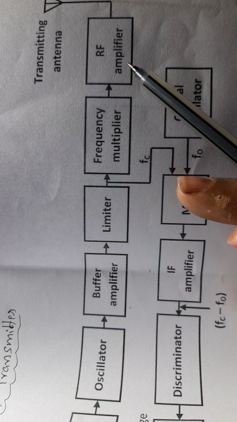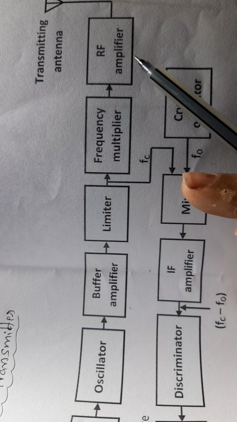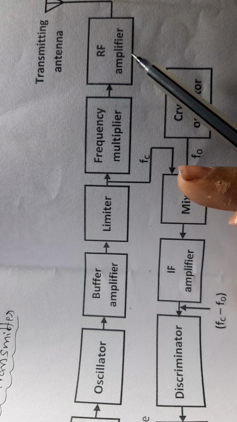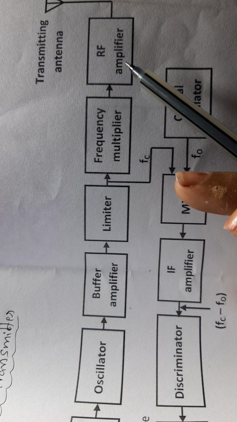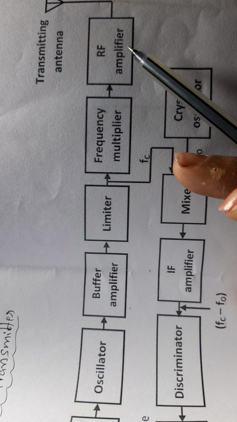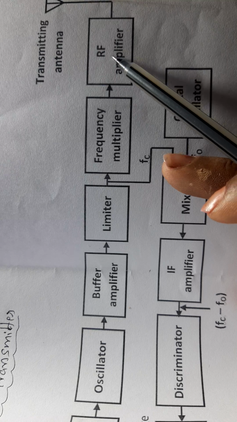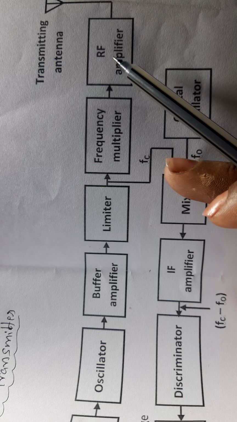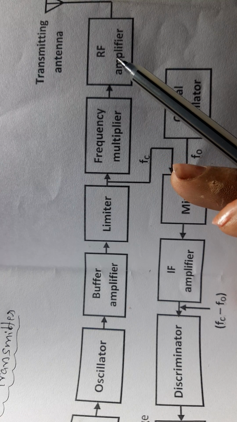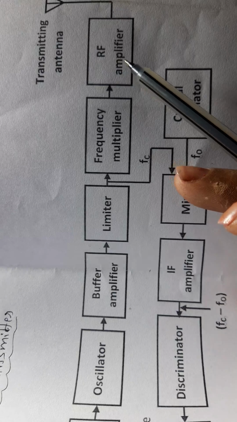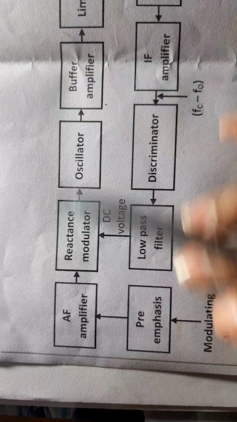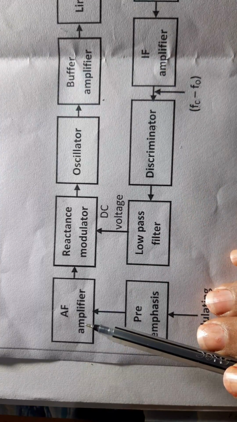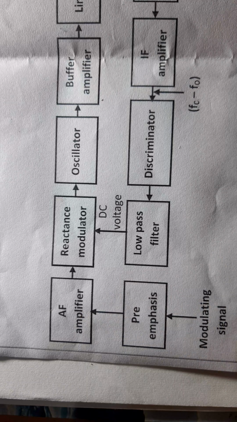Amplifier is an electronic circuit which amplifies or strengthens the input signal at the output. A small signal is amplified at the output, that is called an amplifier. The name RF means this amplifies only the high frequency signal, that is radio frequency signal. Here AF is also an amplifier, which amplifies the low frequency signal, that is from 20 Hz to 20 kHz, which is audible.